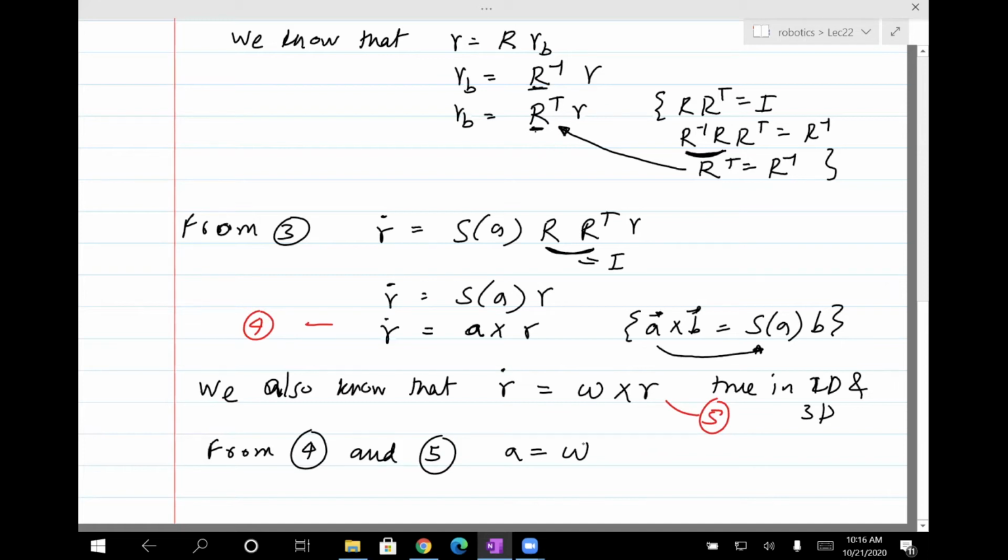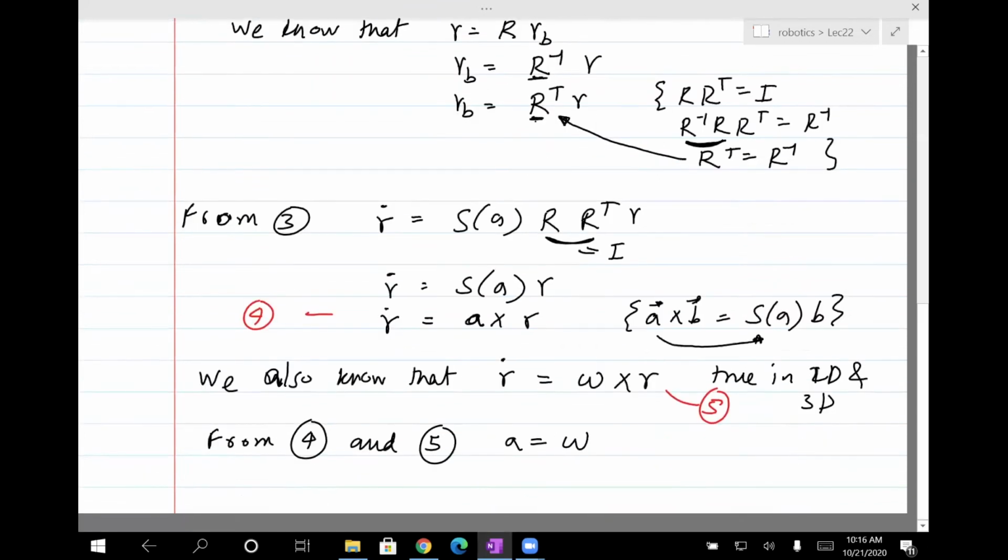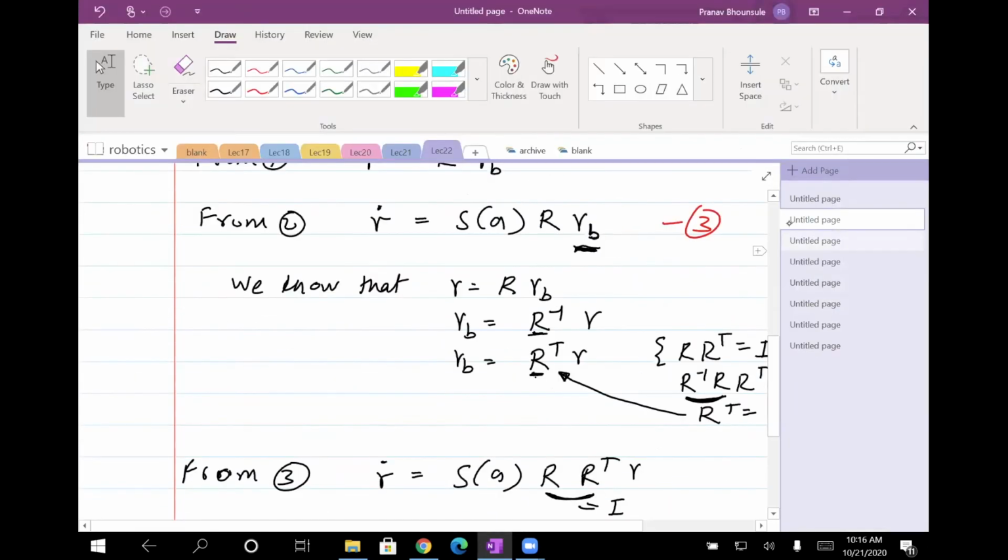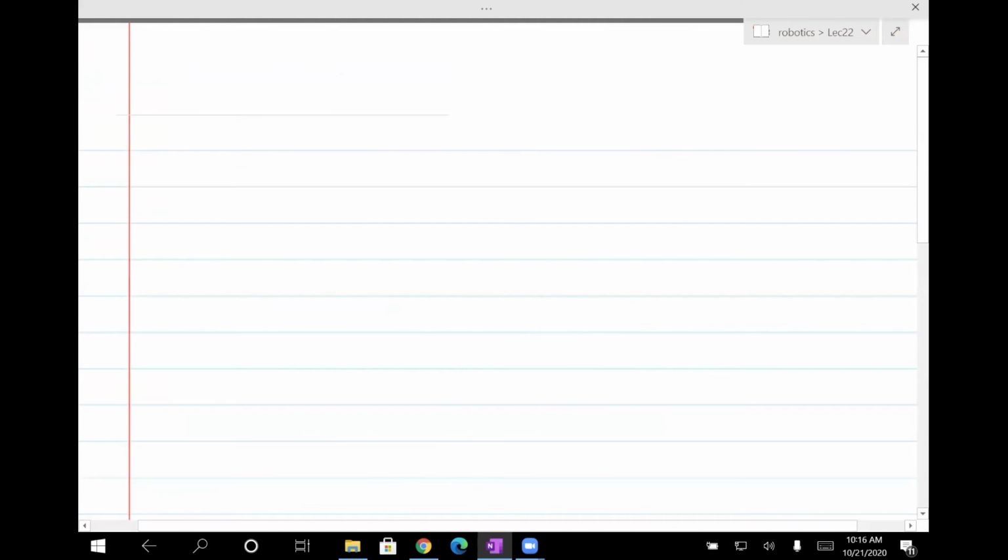We can now rewrite the formula for R dot as follows. We have R dot R transpose is S of omega. Or another way of writing that, after post-multiplying with R, is R dot equals S of omega times R.